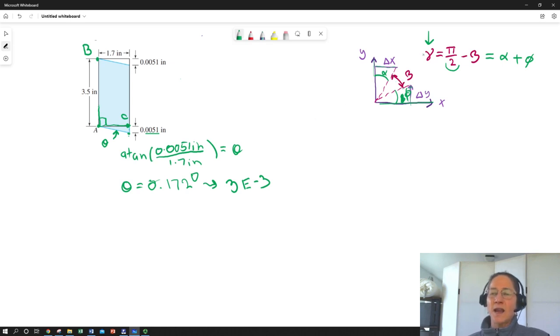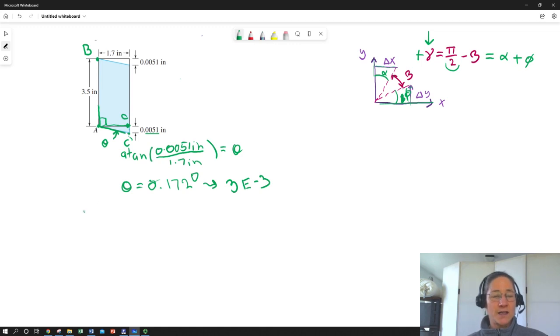But notice that a positive engineering shear strain is defined by an angle that reduces what was originally perpendicular. In this case, our angle theta is resulting in something going from 90 degrees to more than 90 degrees. So angle BAC prime is more than 90 degrees.